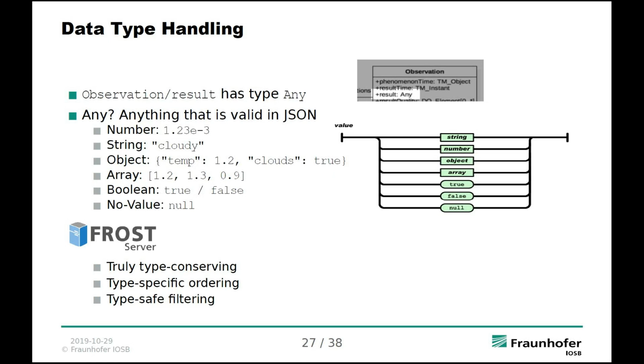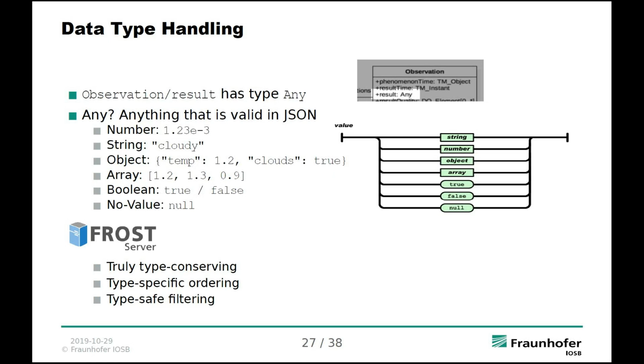A feature of FROST Server that is new now is that it's truly type conserving. So if you put in a double value, you actually get back a double value. I've seen server implementations that cast everything to string, and it's legal, looking at the standard, so you're compliant, but to my feeling it's not very helpful.